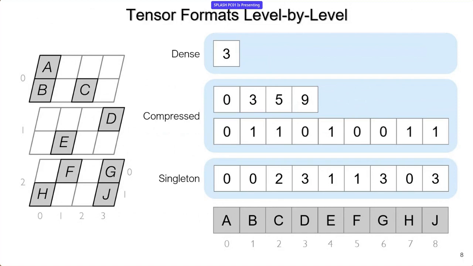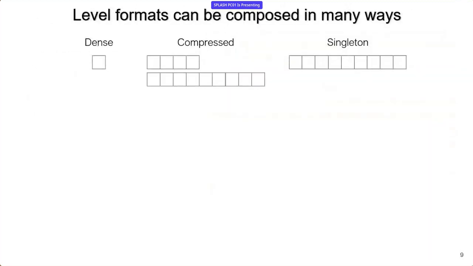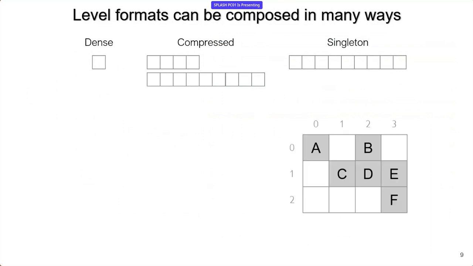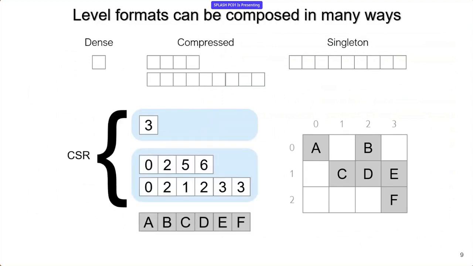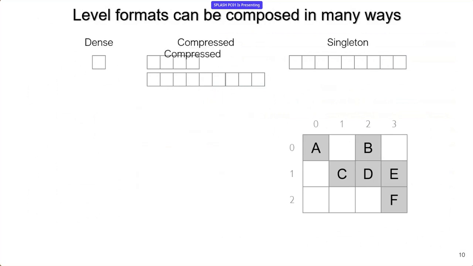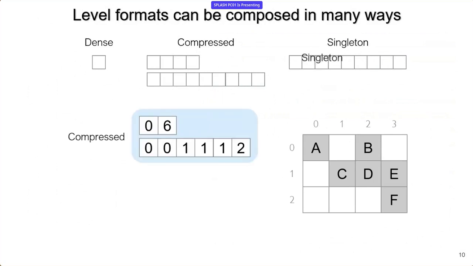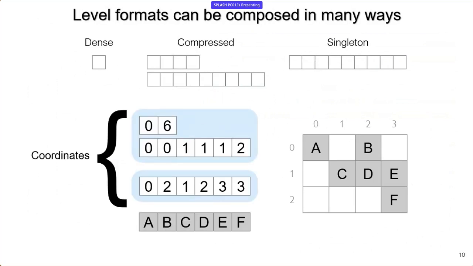multidimensional tensor. Looking at these level representations and our original matrix, if I use a dense and compressed two-level representation, we get CSR. If I use compressed and singleton representations, I get coordinate. So using this level representation, I can build many interesting representations.